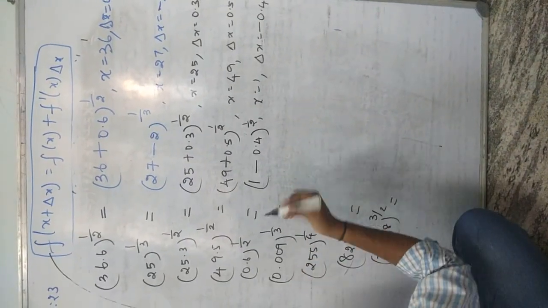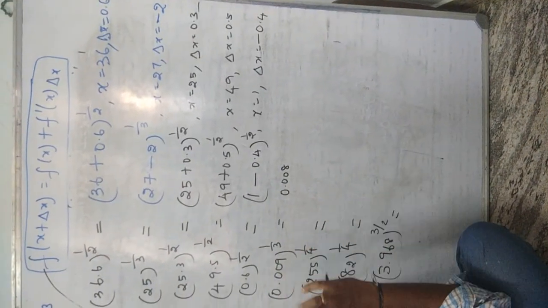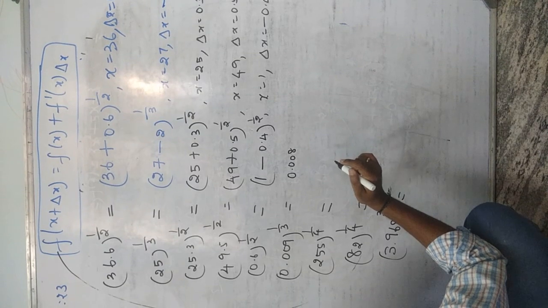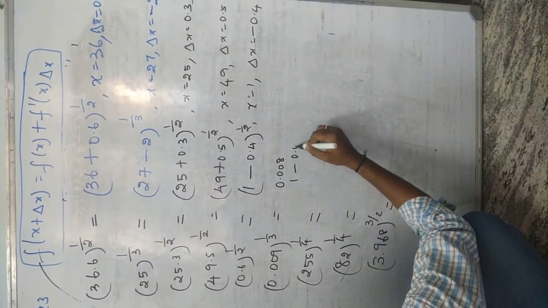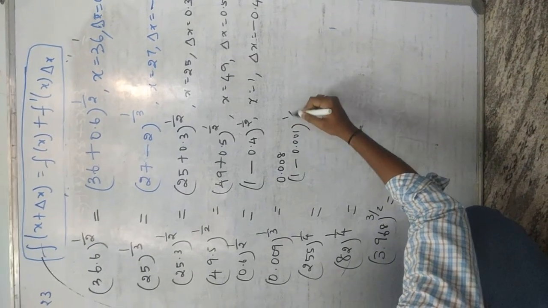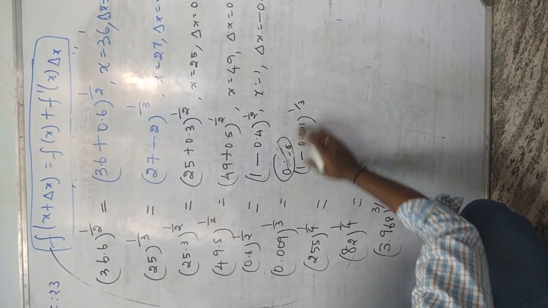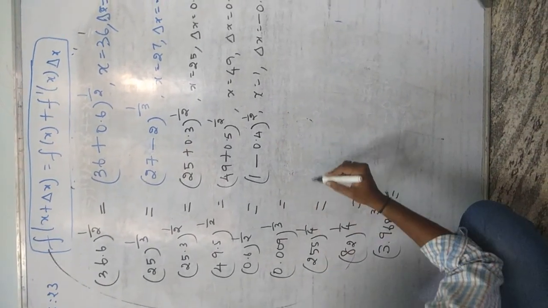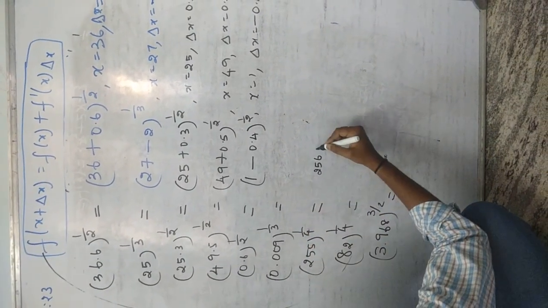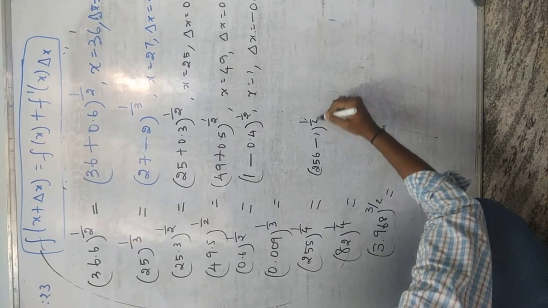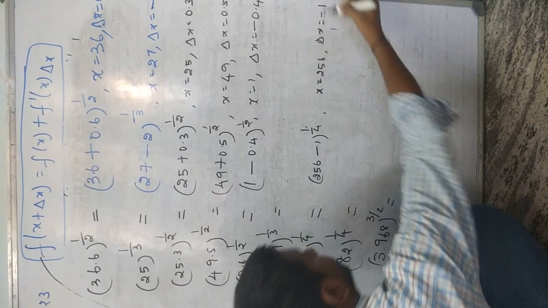0.009, nearest cube root: can we take 1? If we take 1, it has a cube root. You check. Does 0.008 have a cube root? Check which number multiplied 3 times gives 0.008. Is 1 minus 0.001 power 1 by 3 possible? You check and tell me, no problem. 255 power 1 by 4: 256 is the number that has a fourth root, so 256 minus 1. x equal to 256, delta x equal to minus 1.